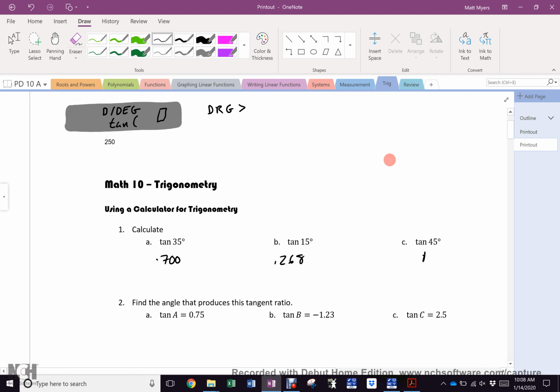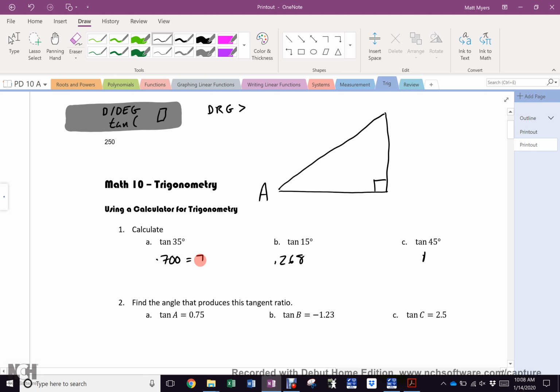Now, over here, draw this triangle. That's a 90 degree angle. This is angle A. What is this as a fraction?